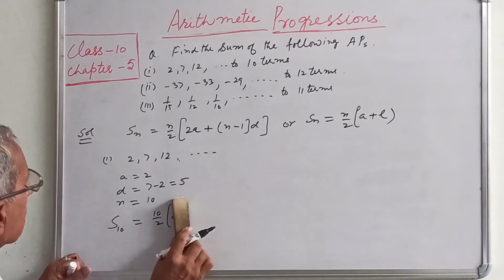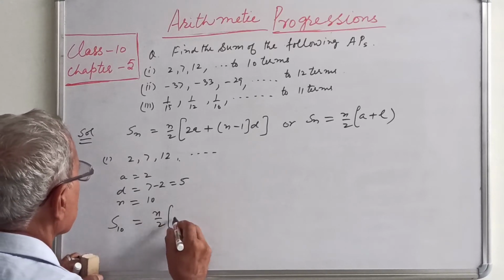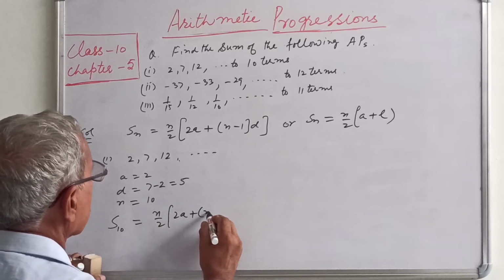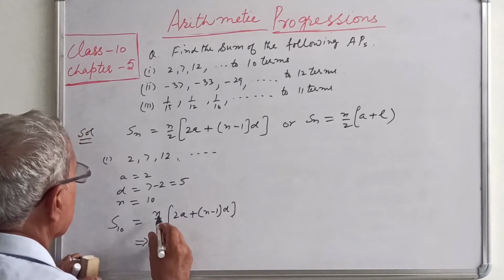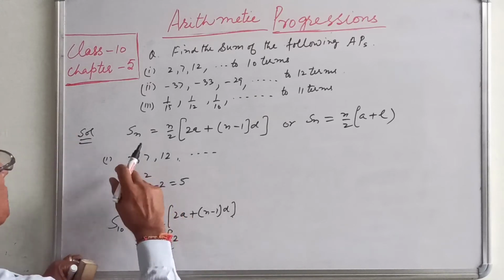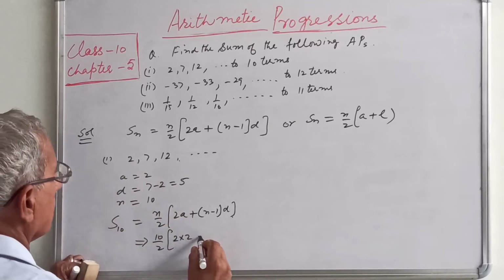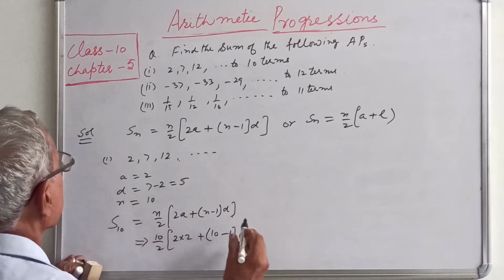First I am writing the formula here. So n upon 2 into 2a plus n minus 1 into d. So 10 upon 2, 2a is 2, and again 10 minus 1, d is 5.